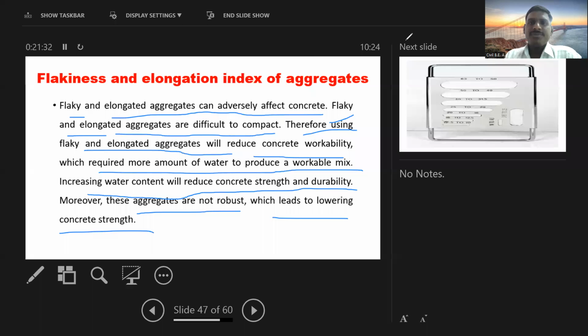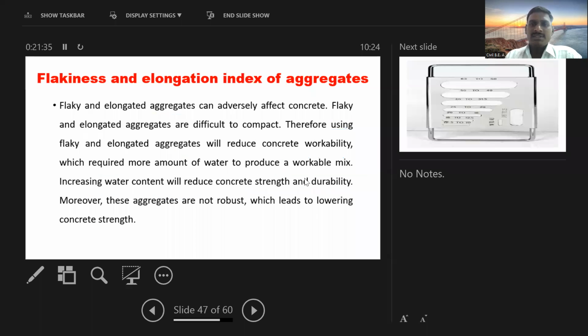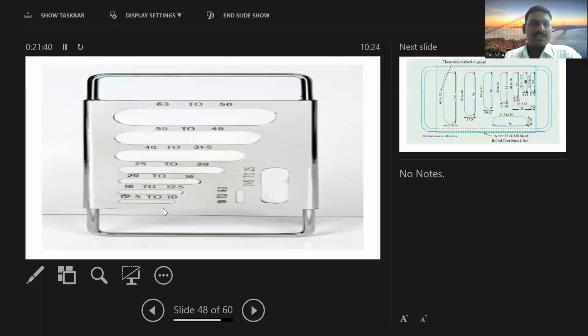So if you see this sketch, we have to pass these aggregates through this particular size of elongation gauge. We have that instrument or apparatus in our laboratory.